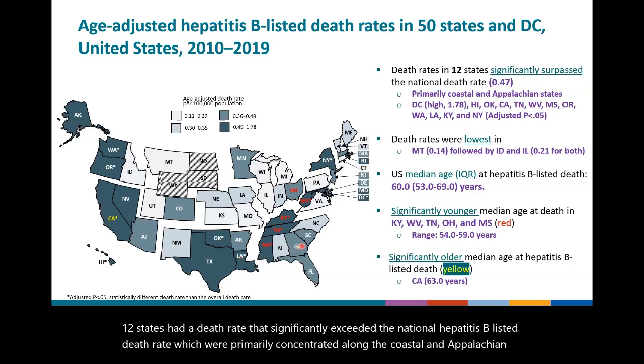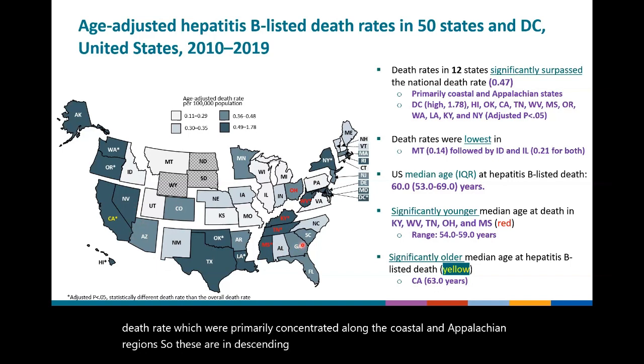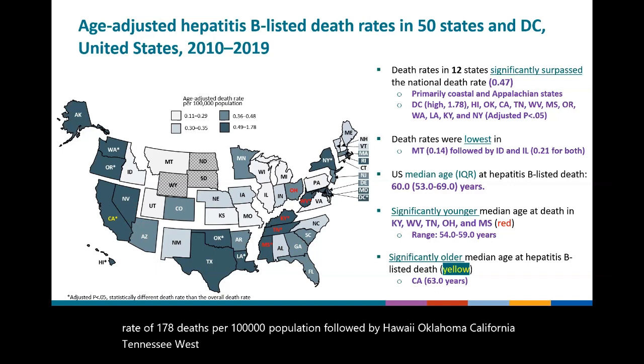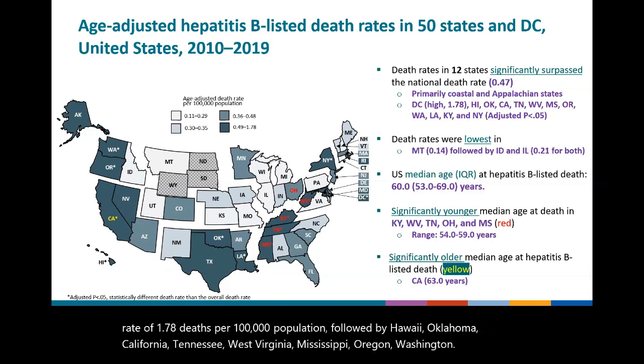So these are, in descending order, the District of Columbia with the highest rate of 1.78 deaths per 100,000 population, followed by Hawaii, Oklahoma, California, Tennessee, West Virginia, Mississippi, Oregon, Washington, Louisiana, Kentucky, and New York.